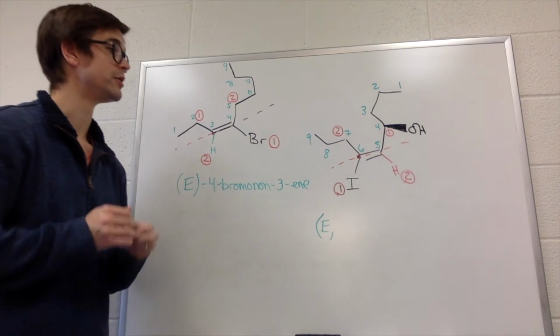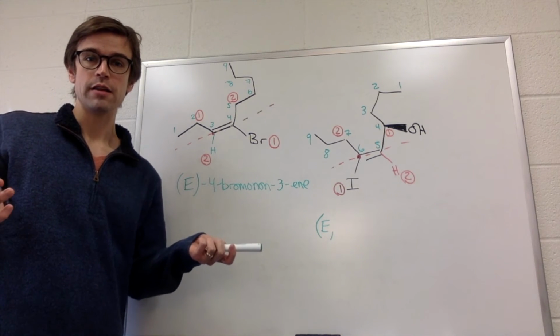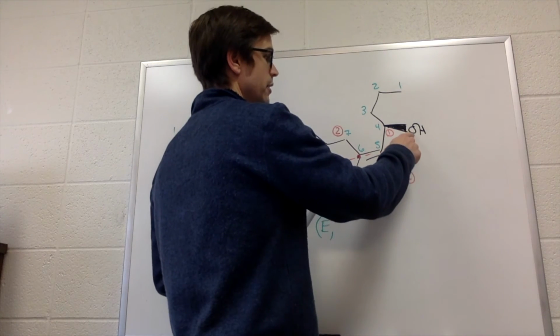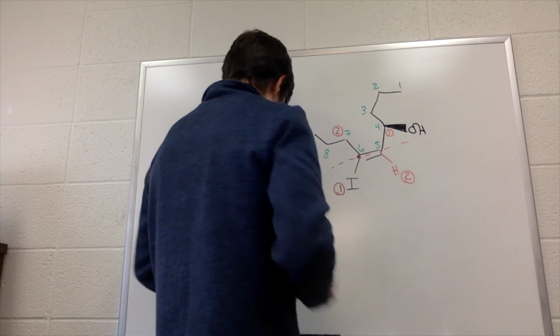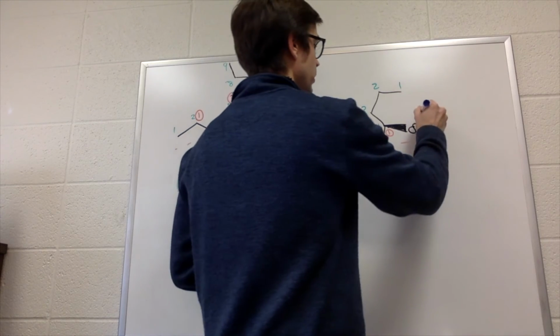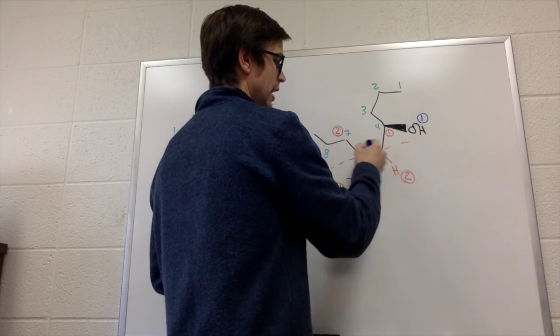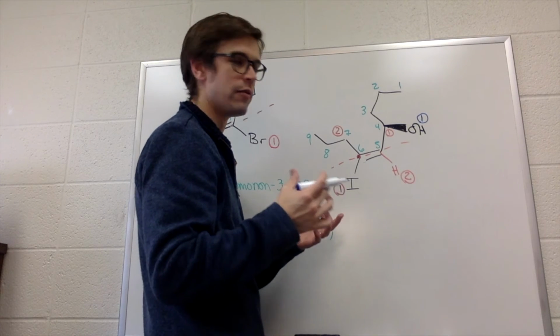All right, what else do we have to name? We have to specify the alcohol stereochemistry as well. And the oxygen beats either of the carbons as far as priority. So it would be priority 1. This carbon is technically attached to 2 carbons based on the rules of assigning priorities.